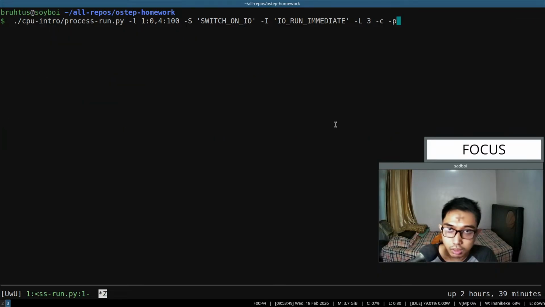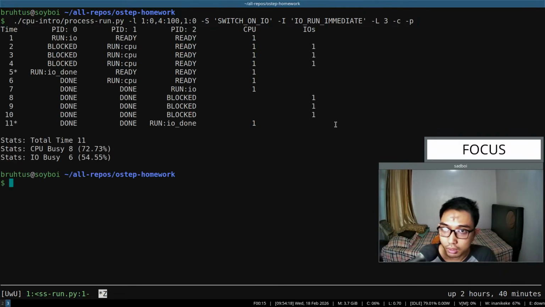Okay, this makes me wonder what would happen if we have 3 processes. The first process is the input output process, the second process is the CPU process, and the third process is the input output process again. Let's find out. Okay, run CPU. Done.